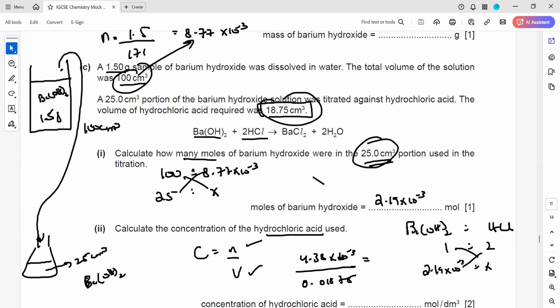What's the concentration now? 0.23. Do I always have to answer in standard form or no? It's not necessary. In moles questions you can write in decimal.